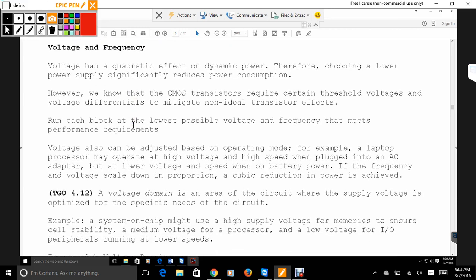So voltage and frequency. So what is the dynamic power equation? So if the power consumption, dynamic, what's that? One half.